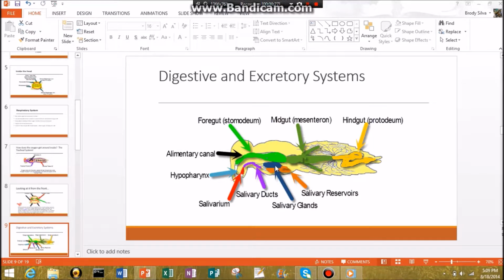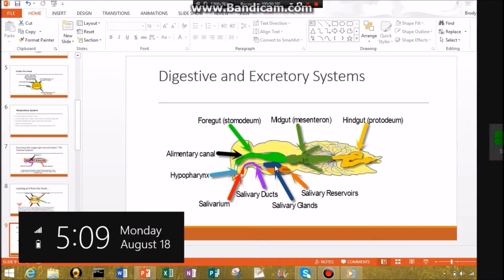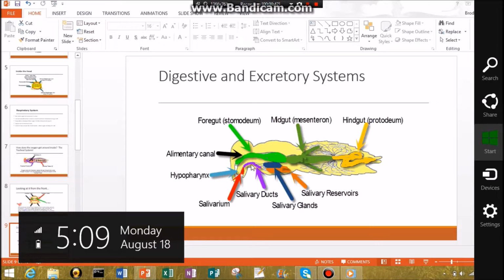Back here in the lower thorax, there are salivary glands, with reservoirs to hold extra saliva. The salivary glands produce saliva when needed, which is pushed through the salivary ducts into the salivarium, which excretes it to help break down the food with its enzymes. It's then pushed back into the digestive system by the hypopharynx, which is essentially a tongue for the insect.